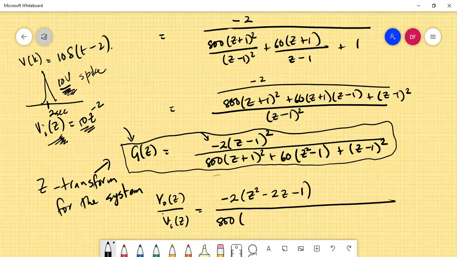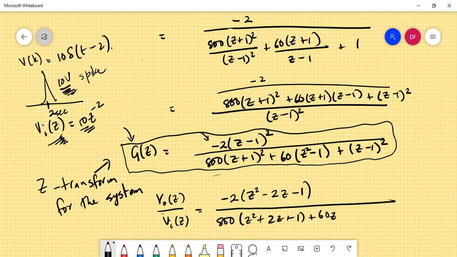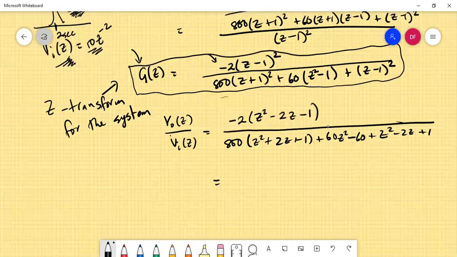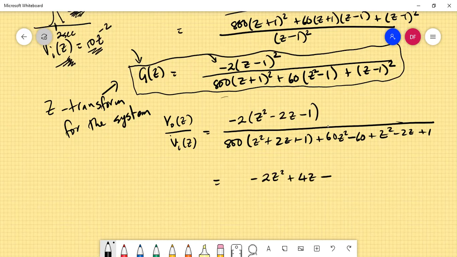So this is z squared plus 2z plus 1 plus 60z squared minus 60 plus z squared minus 2z plus 1, which is equal to minus 2z squared plus 4z plus 2.